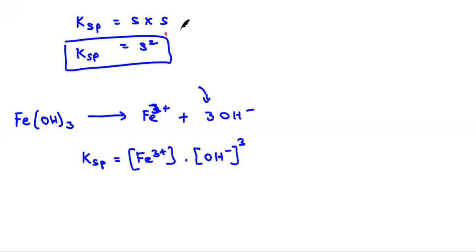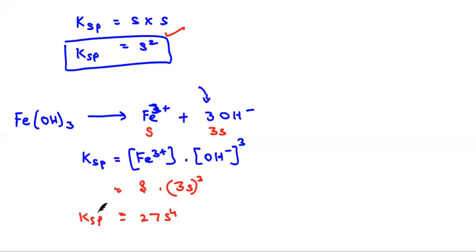Yes, because I always take that. So it would be S, and OH minus would be 3S, cubed. So here it becomes S, and that becomes 3S cubed. So can you tell me what you would get? 27 S to the power 4. Very right, 27 S raised to power 4, right? And that would be Ksp.